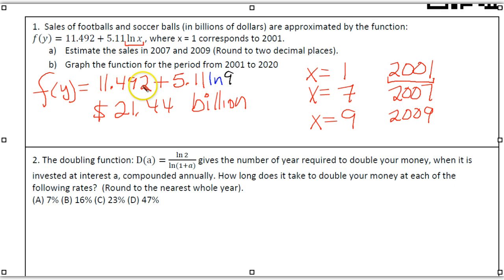Now for the second part of this, that is for 2009, we're going to have x equals 9. We put a 9 there. And when we do so, we get our sales would be 22.72 billion.